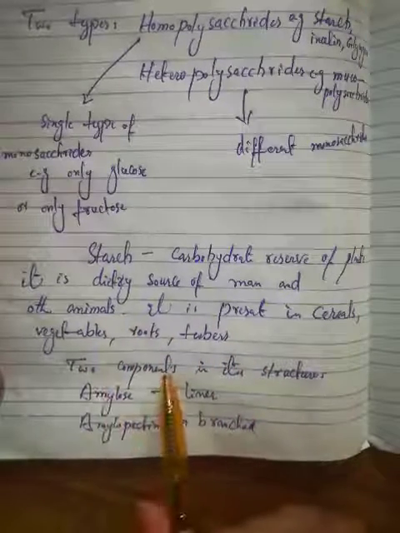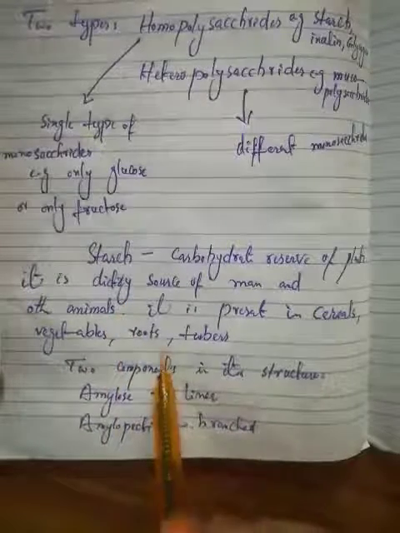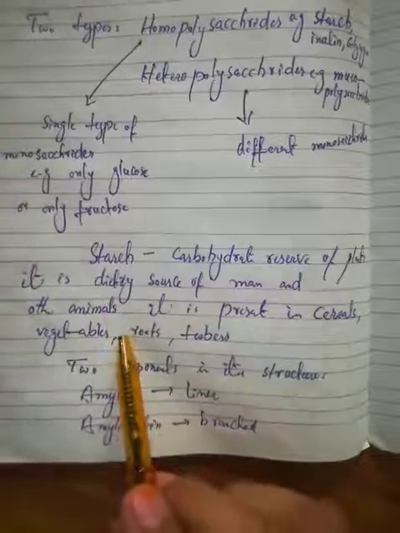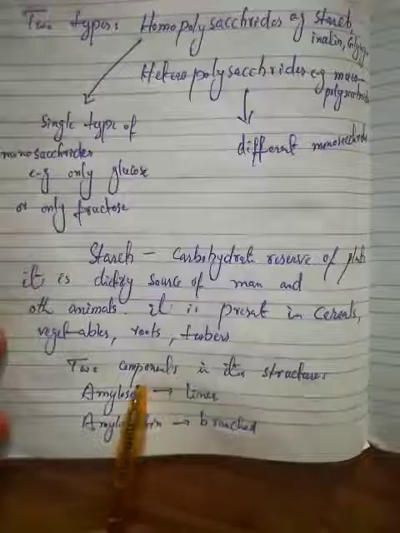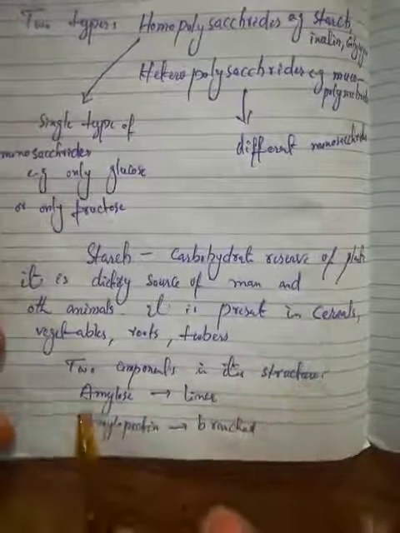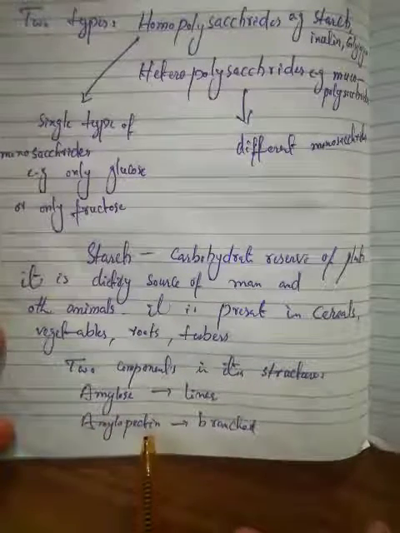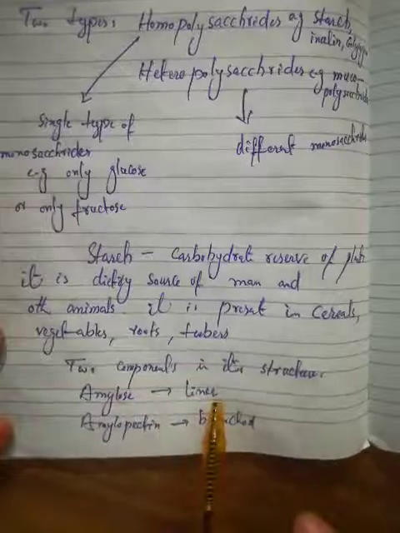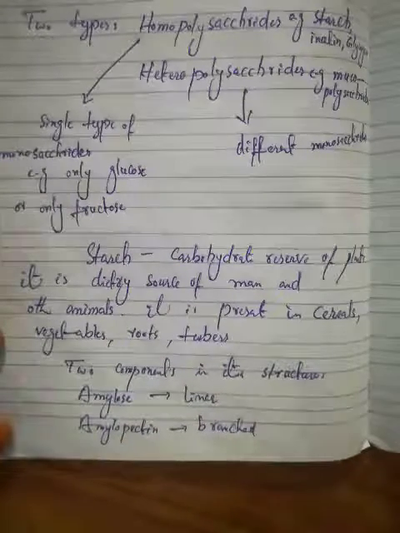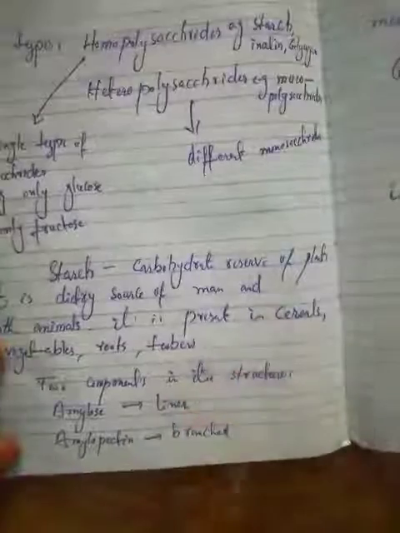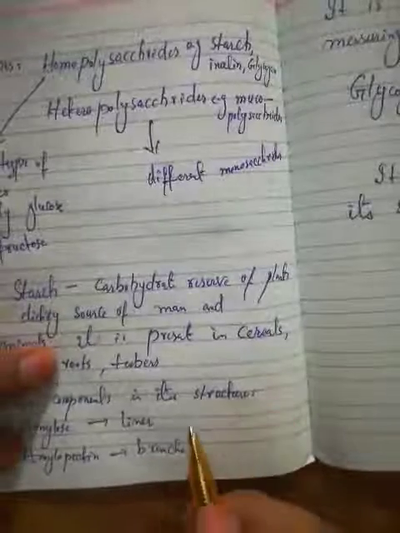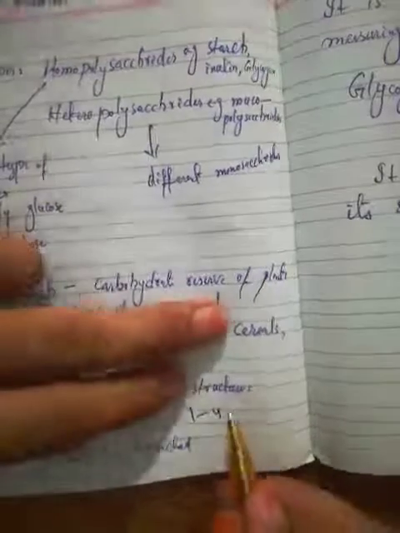There are two components of starch. When we see the structure of starch, it has two components: amylose and amylopectin. Amylose is a linear structure and amylopectin is a branched structure. Amylose is a linear structure. There is only 1,4-glycosidic bond.